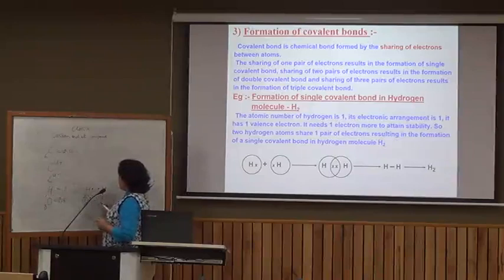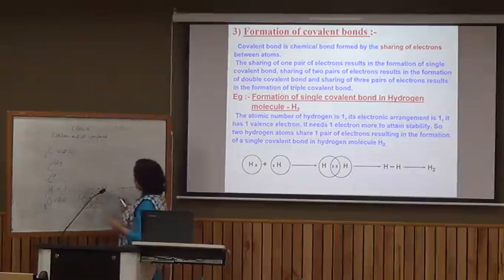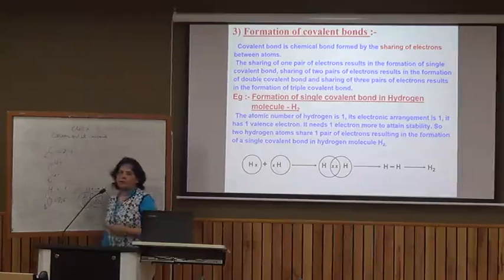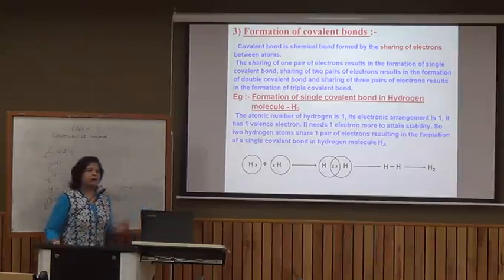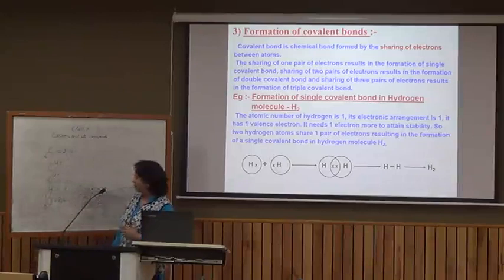Again it's 6 valence electrons, out of this it shares only 2. This way we can draw the electron dot structure. The shared pair of electrons are with both the atoms and they get chemically bonded, but now they are sharing 2 pairs of electrons. Such a bond we call double covalent bond. So oxygen in its molecule forms a double covalent bond.